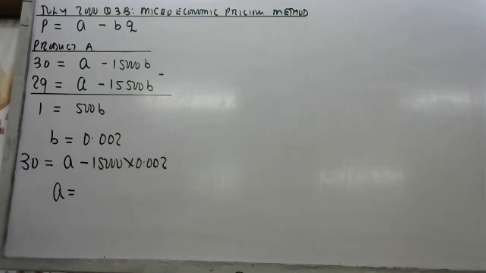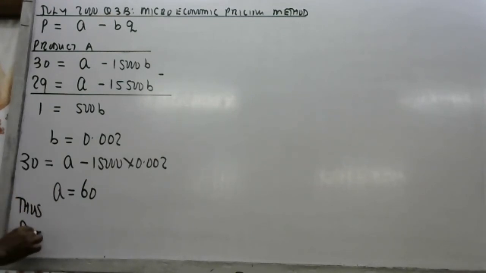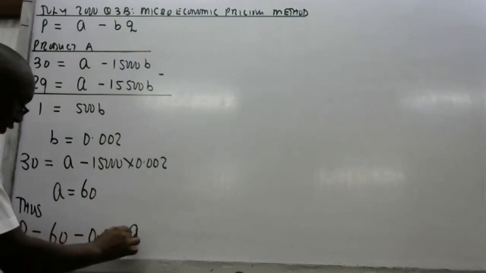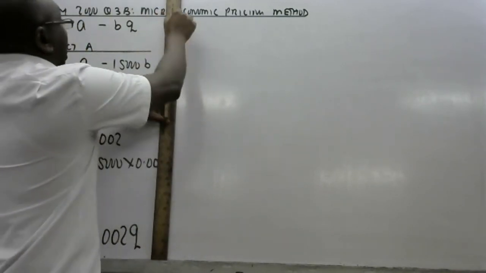So based on that, I should be able to say 15,000 times 0.002 plus 30 is 60. So A is 60. So thus, the price should be equal to 60 minus 0.002 Q. That is the price of A.